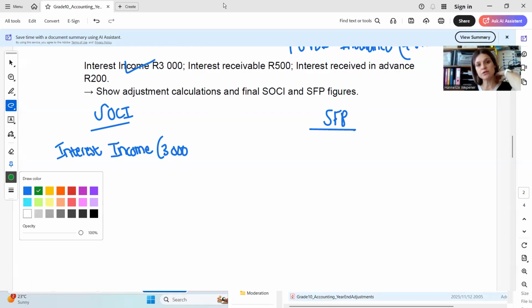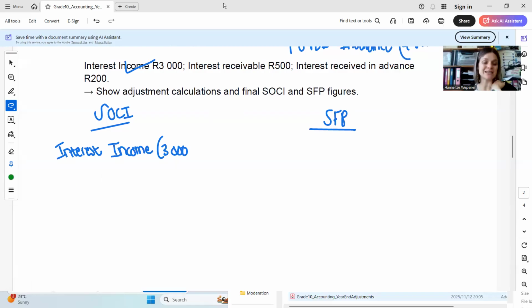So in other words, you have 500 Rand's interest income that is not yet shown in your SOCI. So you must add the 500 Rand interest that should have been received in the current financial year. However, you haven't yet received it. It is still a receivable amount.